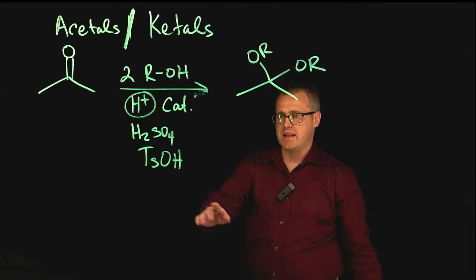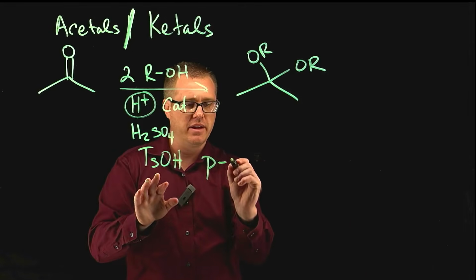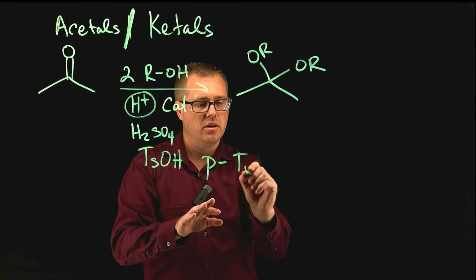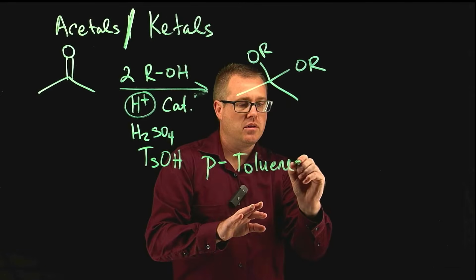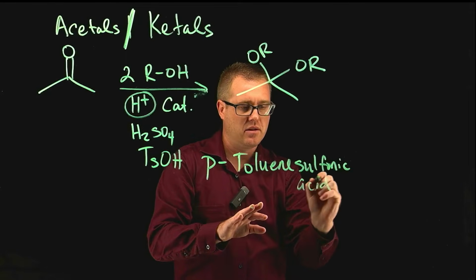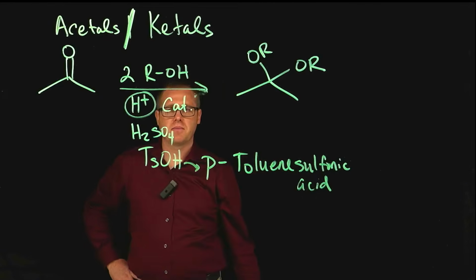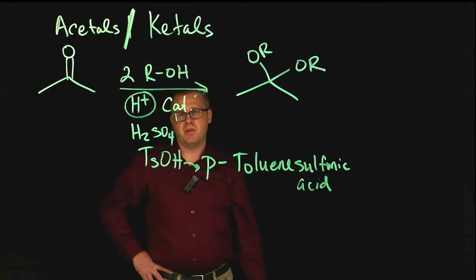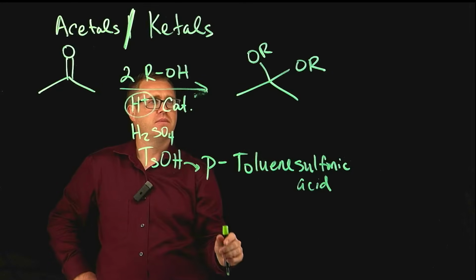Let me just say that again. I'll write it out so we can see it. It's para-toluenesulfonic acid. That's what that acid is. Those are the 2 common ones that we use as the catalyst to get this reaction to go.